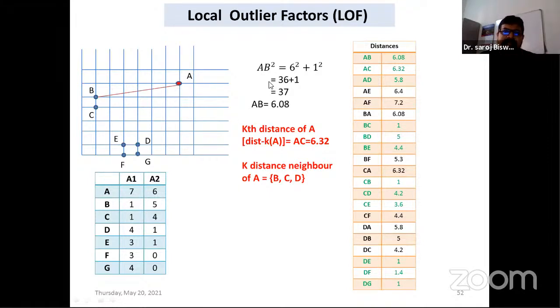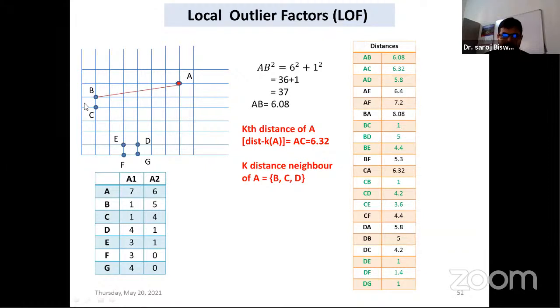Then we can make a circle, and the patterns which come within the circle become the kth distance neighbors of A. So here in this case, with the third distance, these are the neighbors. If you want to find the 3 neighbors, then it would be B, C, and D.